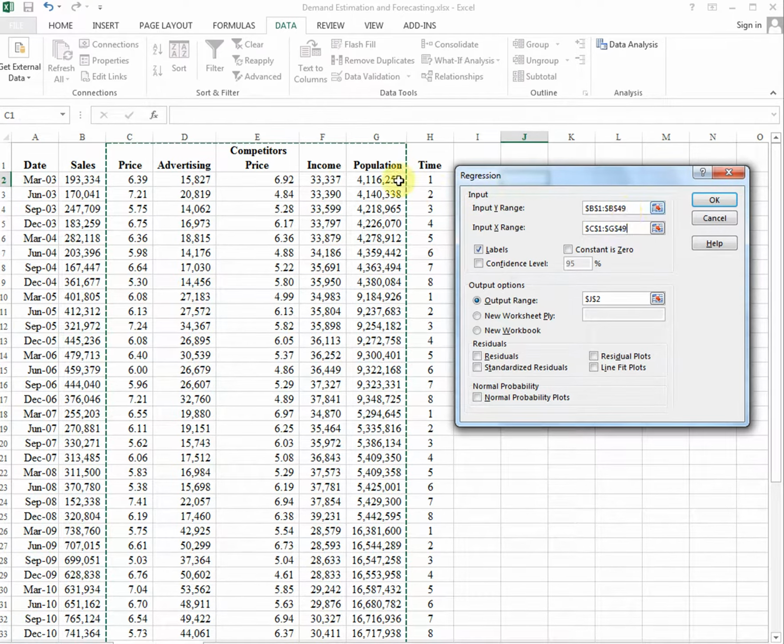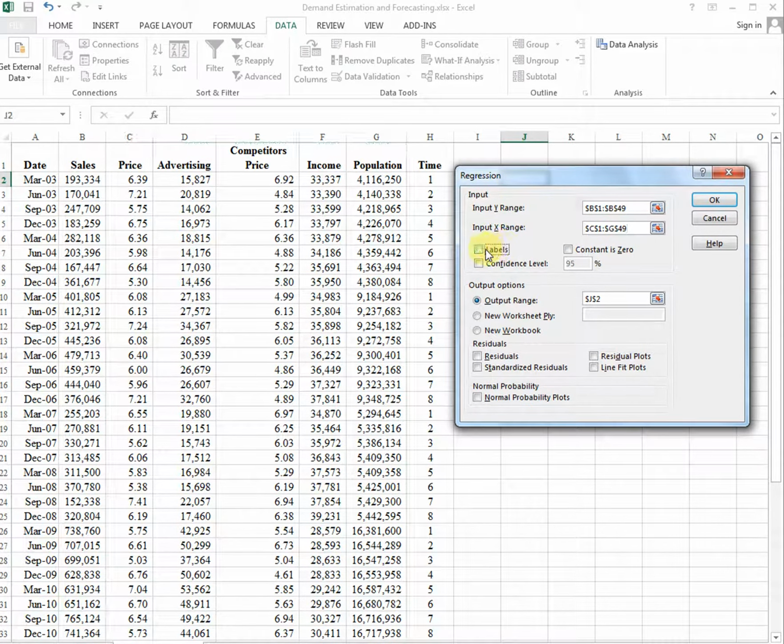Once you finish highlighting the dependent and independent variable ranges, don't forget to tick Labels, because the first line is our label line. If you do not tick this, Excel will consider this as numbers, as data input, but it is not data input, it's just labels for each column. So Labels ticked. Next, tick the Output Range.